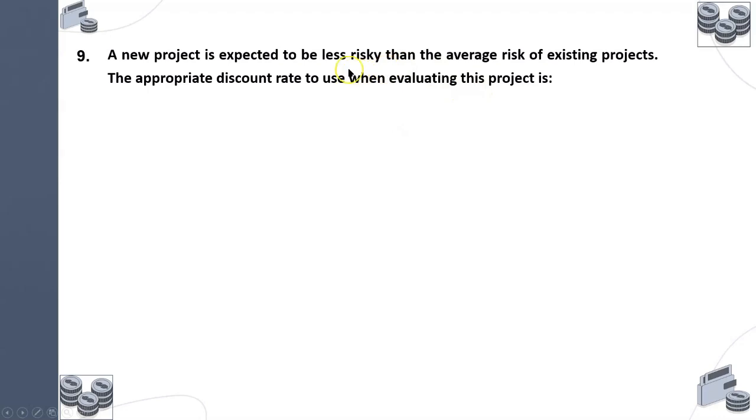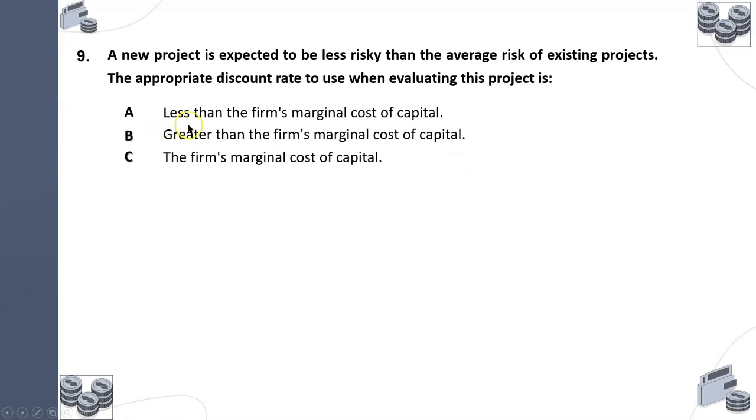So if the risk is less, the expected return is less. Makes sense, because the relationship is linear. The higher the one, the higher the other one. Less than the firm's marginal cost of capital? Yes, it means less. Less means that it is less risky, and the discount rate should also be less.